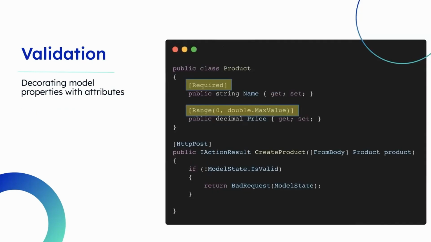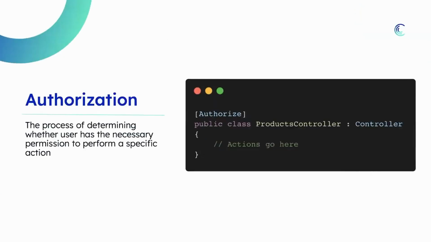What is great? Controller base also contains validations. The dependencies are already there, so we can decorate our model properties with attributes which say that this property needs to be required, or there is a min or max value, etc. So validation is really handy, and it comes with controller base.